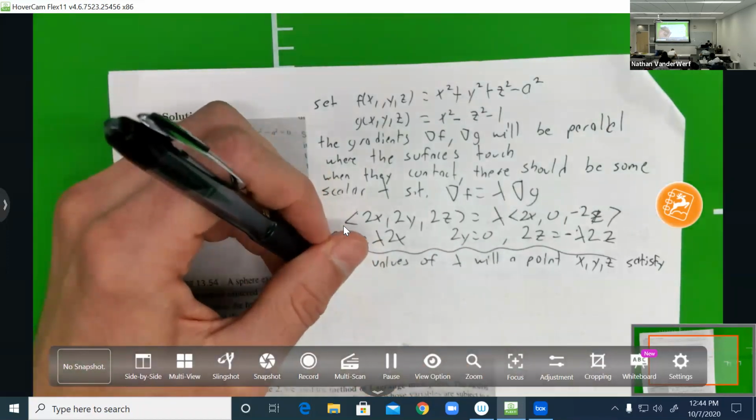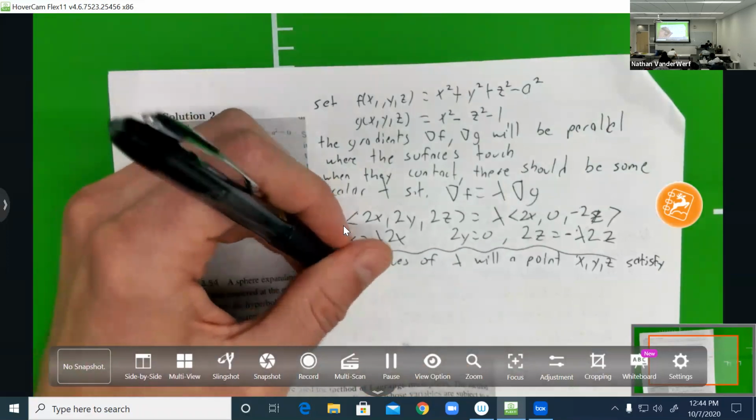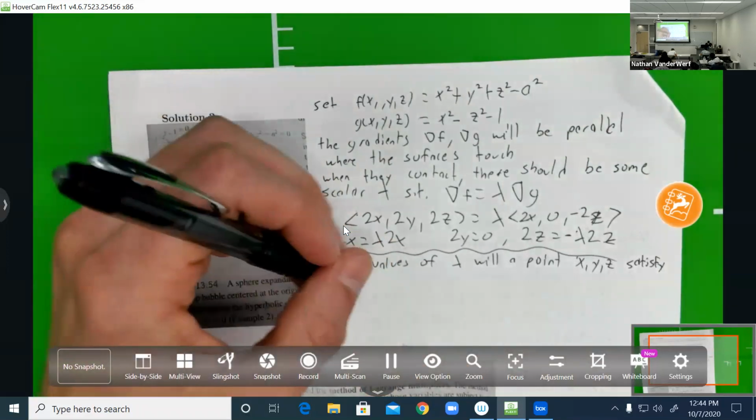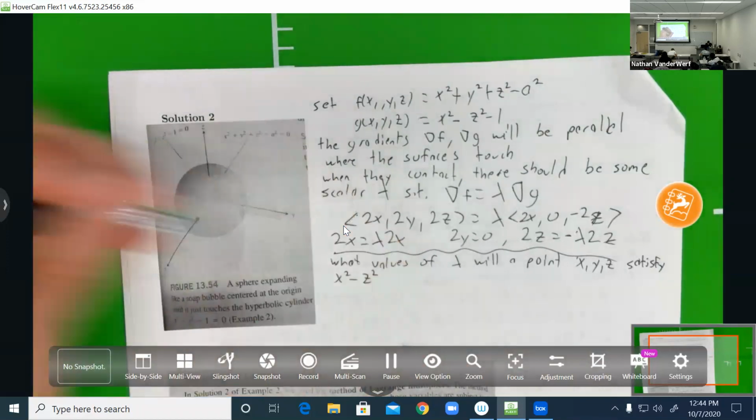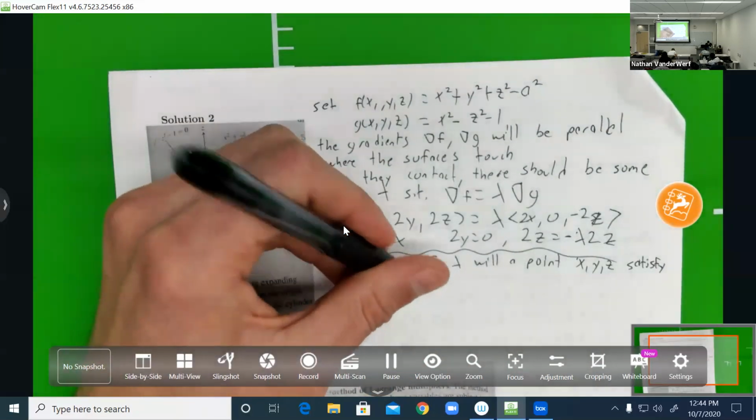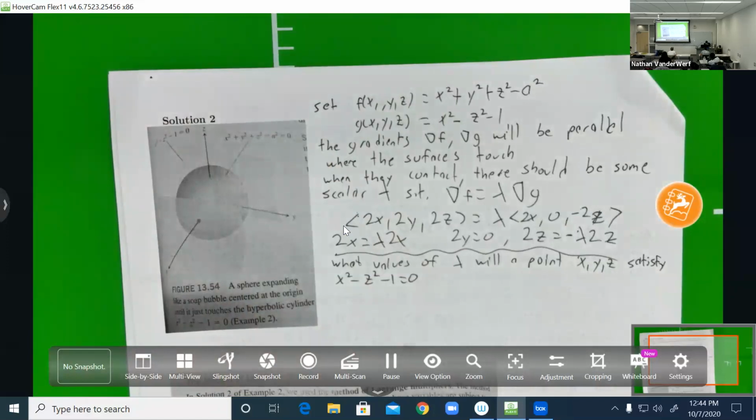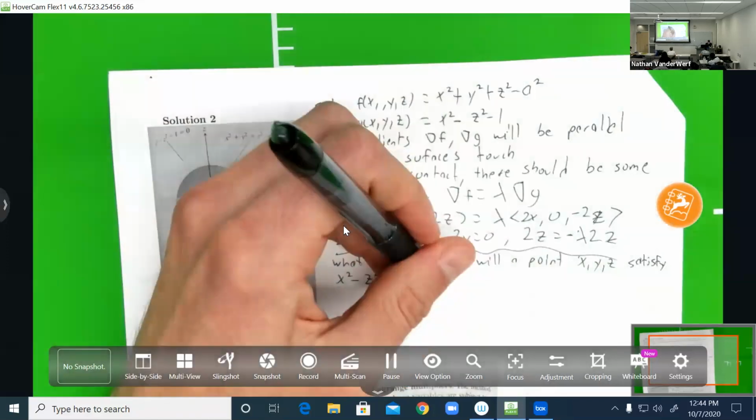When will these satisfy that x squared minus z squared minus 1 equals 0? So we know that from here, what do we know?